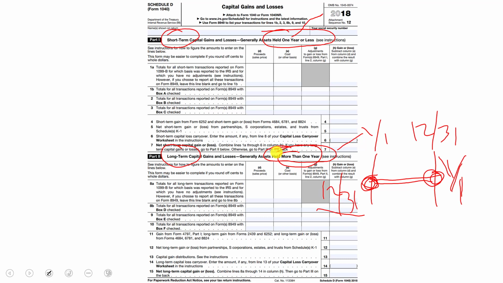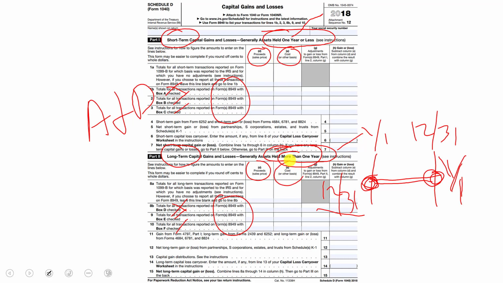Notice that for the short and long term, you first show the detail on another form called Form 8949, that is classified either as A, B, or C, D, E, or F. When you see A and D, the first two here of short and long term, that means whoever helped process the sale, it could be a broker, it could be an escrow company, will report to the taxpayer and the IRS both the sales price and the cost amount, the cost basis.